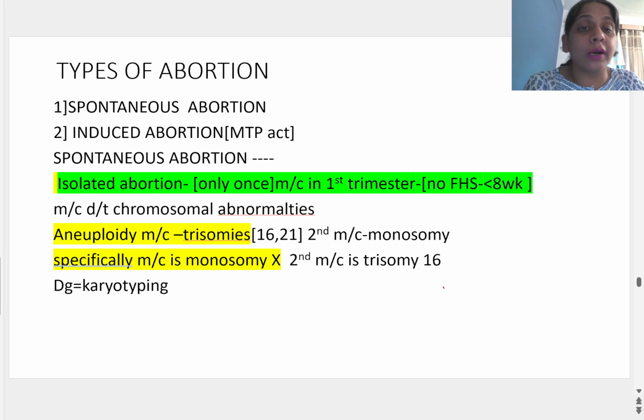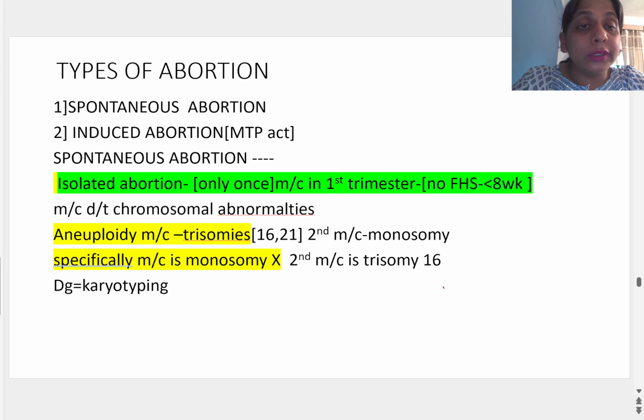Number one is the first trimester abortions. First trimester abortions usually happen once, and the reason behind them is chromosomal abnormalities. The most common chromosomal abnormality is aneuploidy. Trisomies are the most common reason, and the most common trisomy responsible for first trimester abortion is trisomy 16.